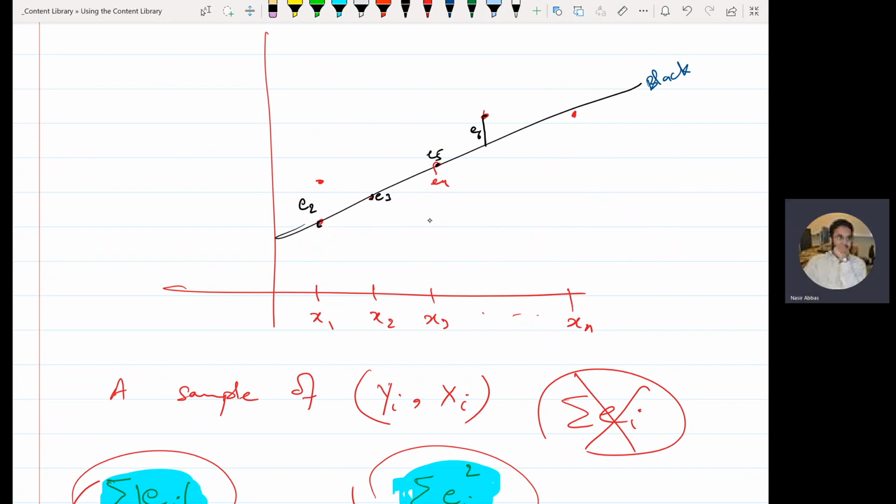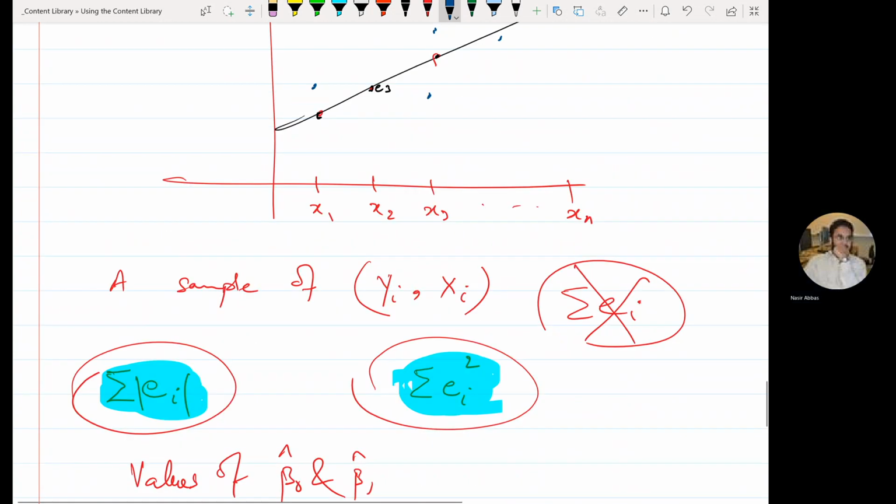Here, this, and this. I tried my best to pass a line that is closest to most of the dots. I'm talking about the black line, not the red. Sorry, did I say red? No, the black line.